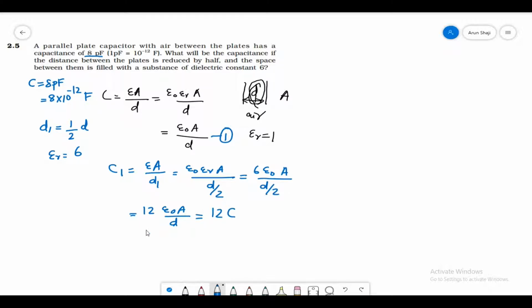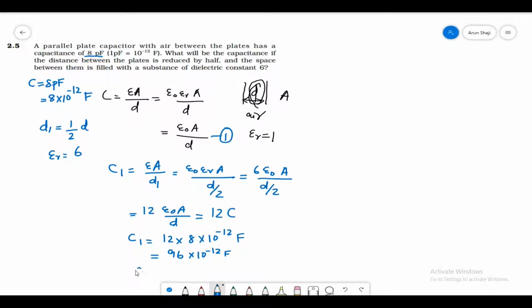So when you substitute here, you get the new capacitance equal to 12 into 8 into 10 to the power minus 12 farad. What is 12 into 8? That is equal to 96 into 10 to the power minus 12 farad.